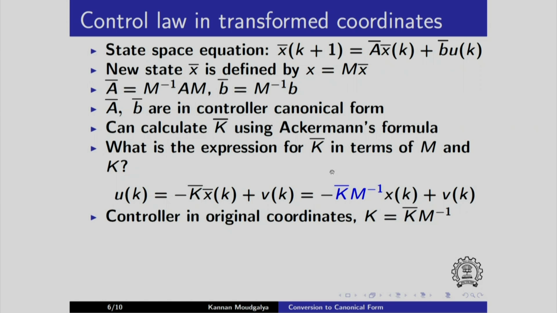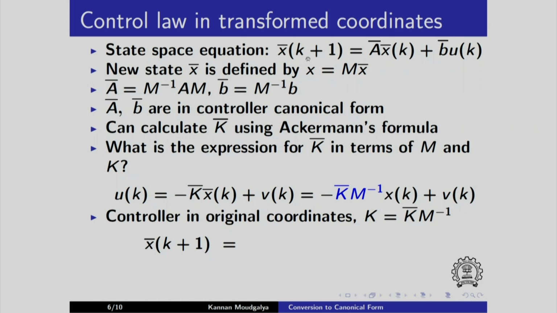So if I were to discuss this problem without any transformation, I would have written u of k equals minus k into x of k. So as a result, k equals this k bar m inverse.